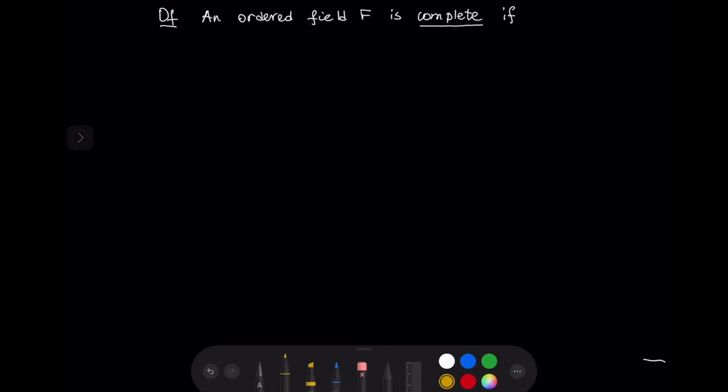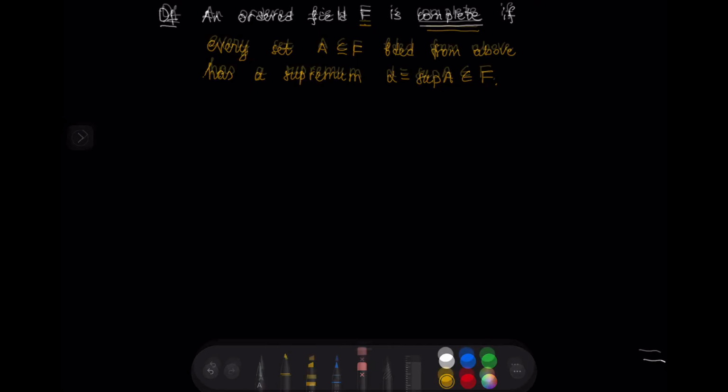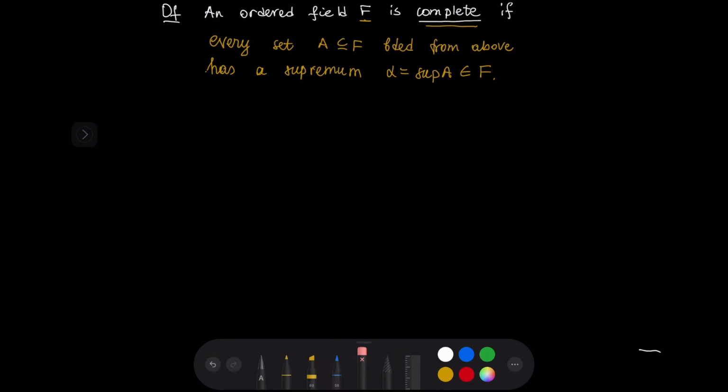An ordered field F is complete if every set A, that is a subset of F, bounded from above, has a supremum alpha equals supremum of A that is an element of F. So an ordered field is complete if every set bounded from above has a supremum that is an element of F.